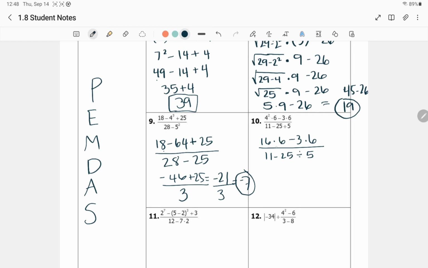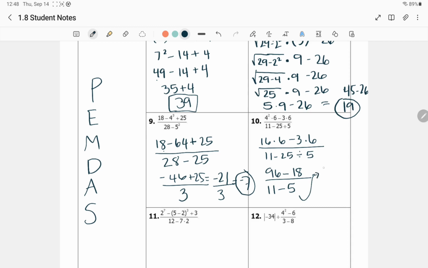So 16 times 6 is, let me make sure my math is correct. Come on, calculator. 16 times 6 is 96. So we have 96 minus, and 3 times 6 is 18 over 11 minus, and 25 divided by 5 is 5.